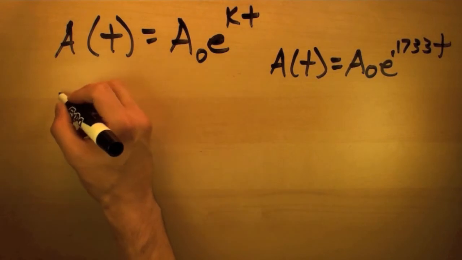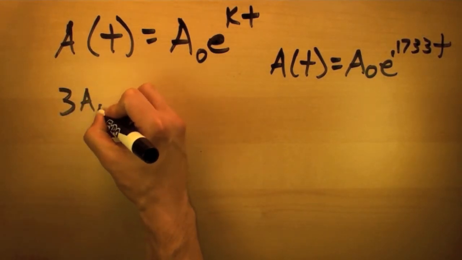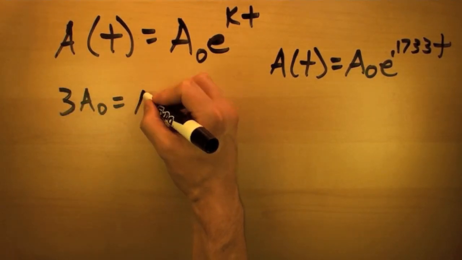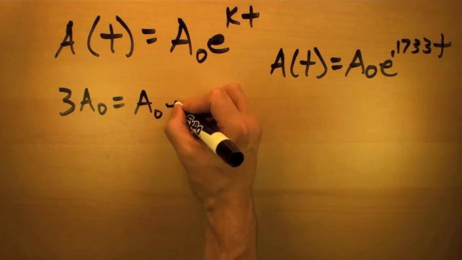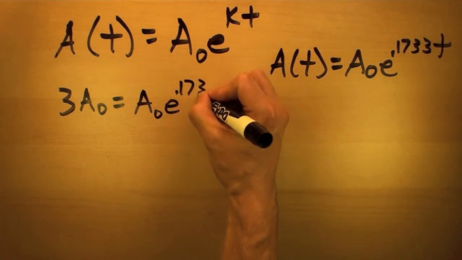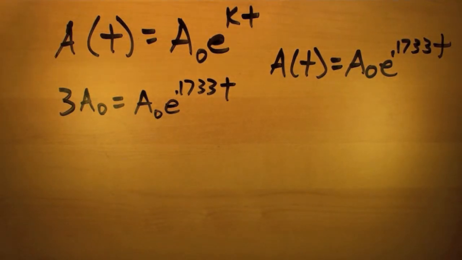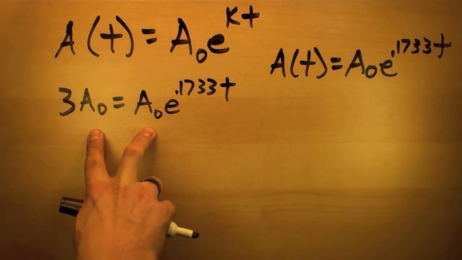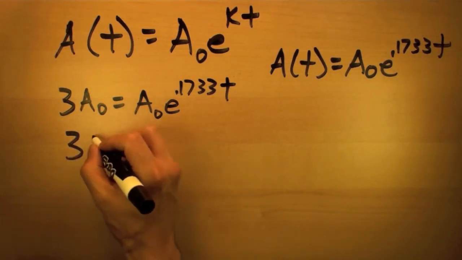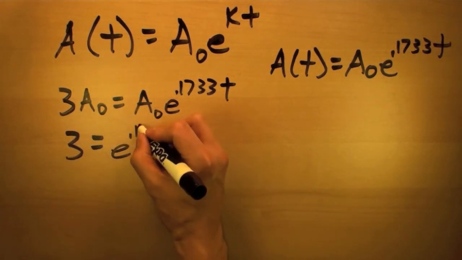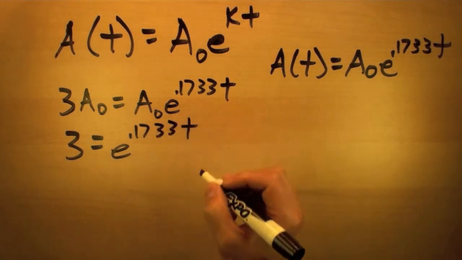In this case, we would just have 3 times the initial amount is equal to the initial amount times e to the 0.1733t. Now we go through what looks like the same steps, because we cancel off the A sub 0s, leaving us with 3 equals e to the 0.1733t.